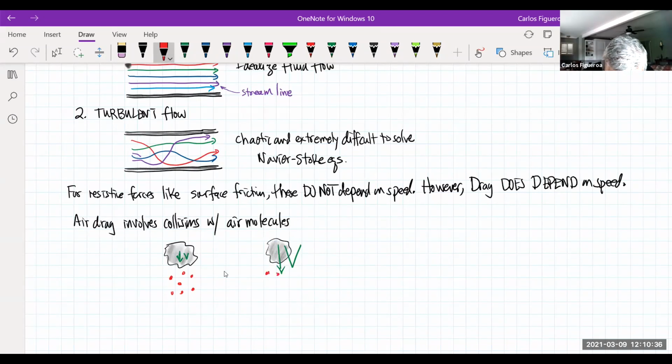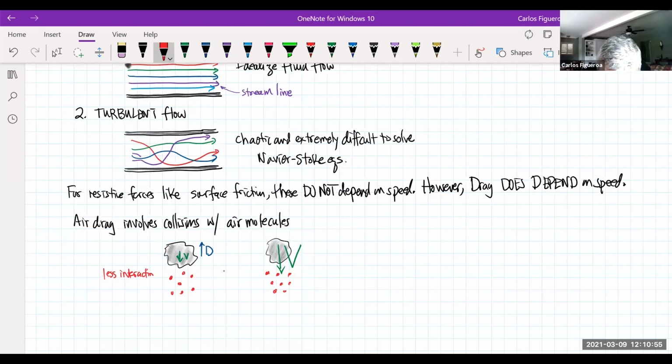Because there's less interaction in the first case, the drag force is going to be small in the opposite direction.